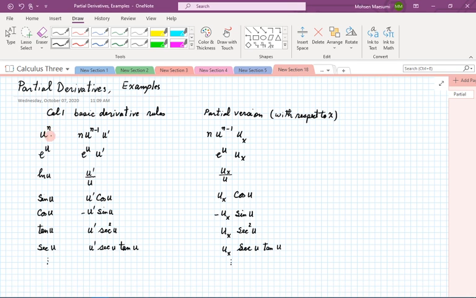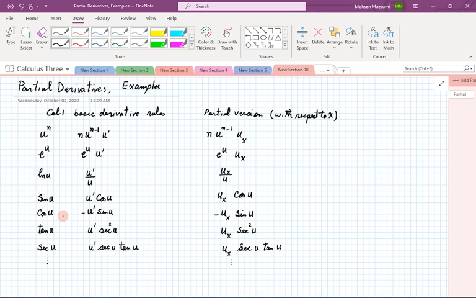You remember that the derivative of that is the power times the expression to 1 less than the whole power, times the derivative of the expression itself, and so on for the rest of the formulas you are familiar with. The derivative of the exponential of an expression is the exponential of that expression times the derivative of the exponent, and so on.